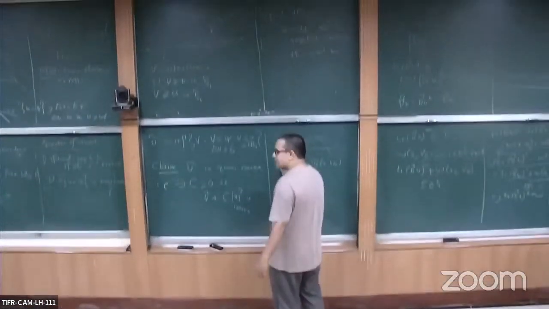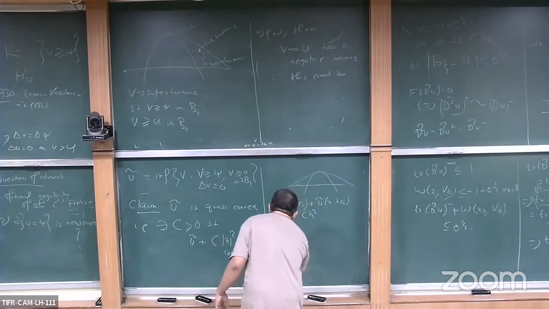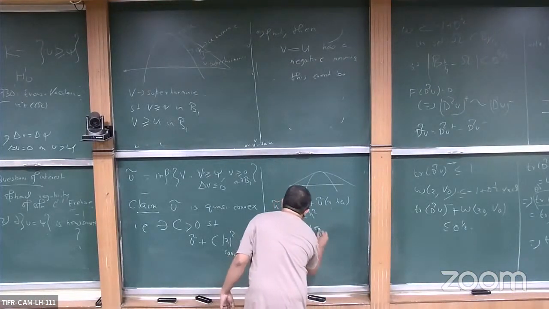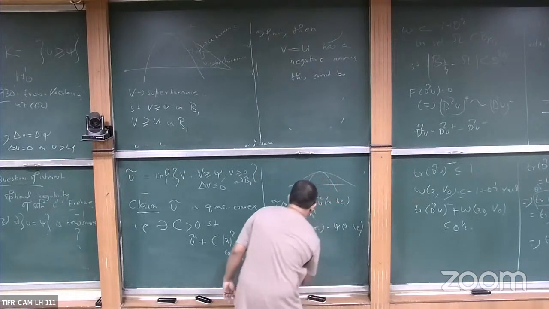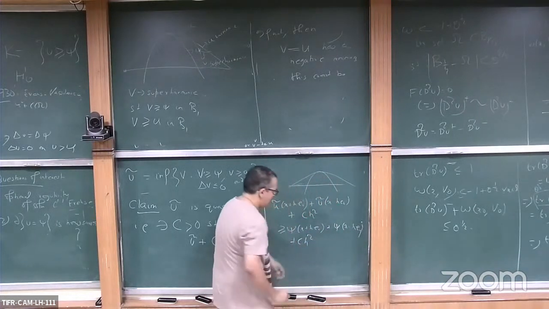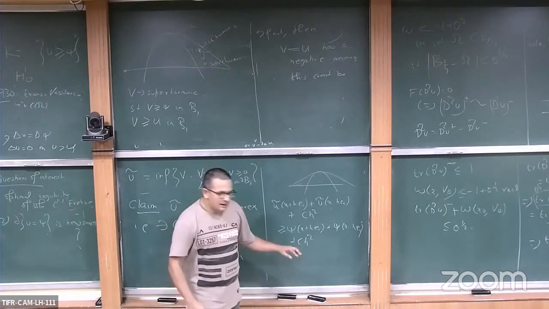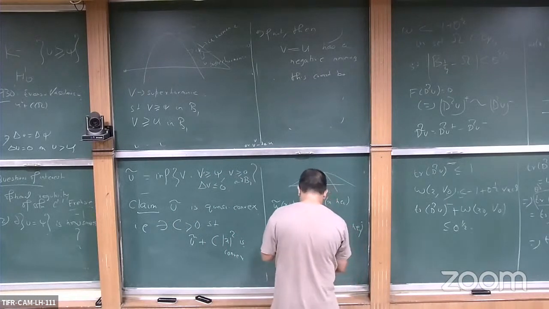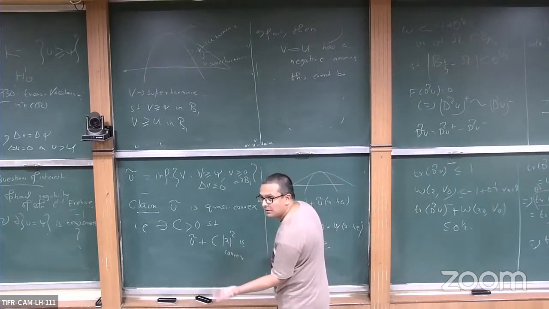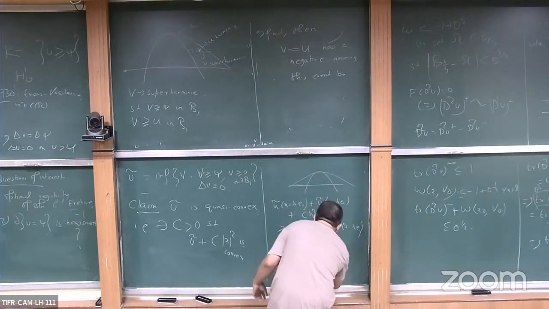Now this is bigger than or equal to psi of x plus h e_i plus psi of x minus h e_i plus C h squared. But then because psi is C2, the second derivatives are bounded from below, and if I take C to be the bound on the second derivatives of psi, this is bigger than or equal to 2 times psi of x.